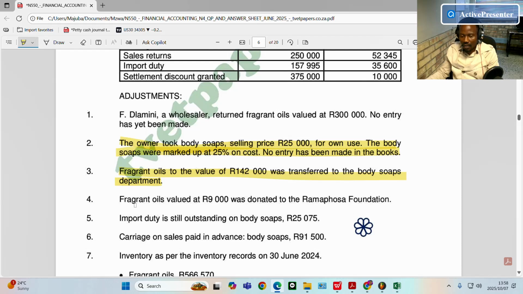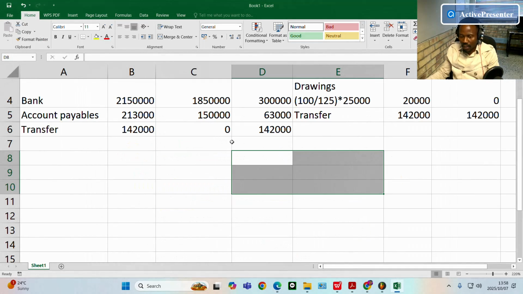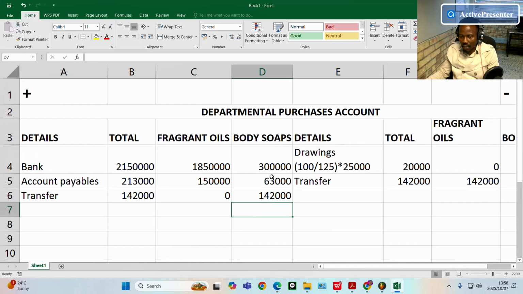And then it says fragrance oils valued at 9,000 was donated to Ramaphosa Foundation. So it's a donation of fragrance oils. Basically, donation is an expense. So it's going out, meaning we are going to use the credit side.